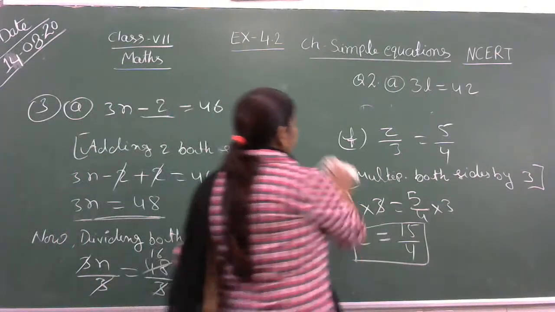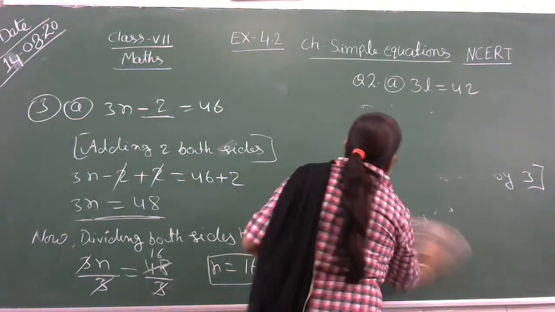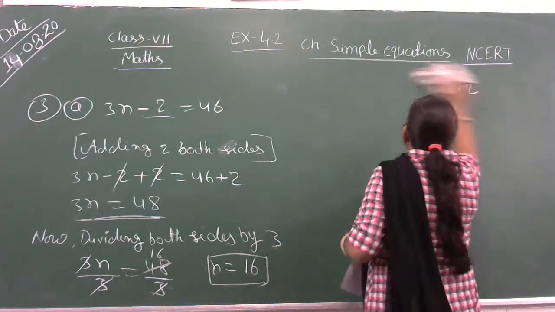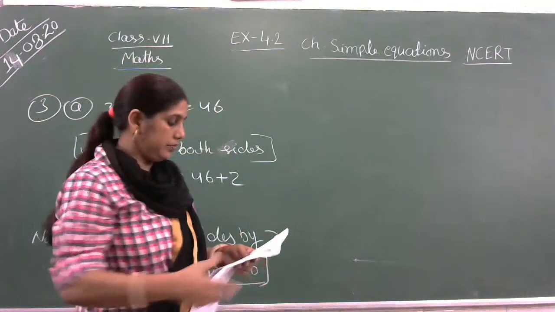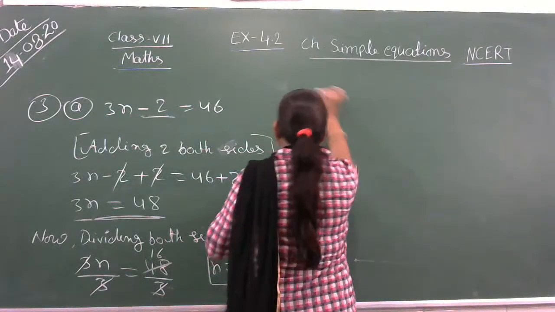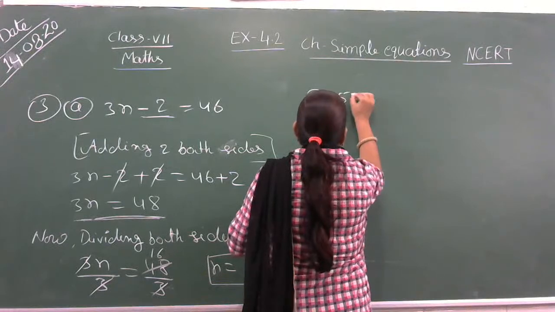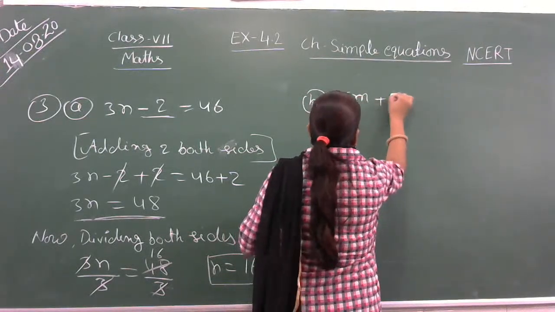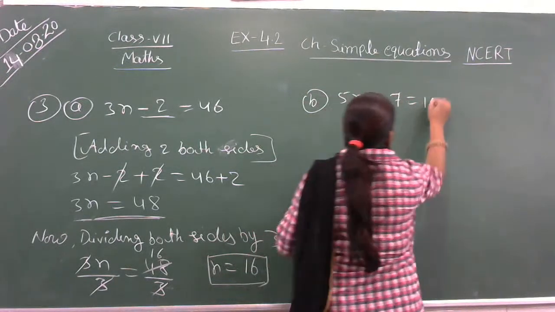Now B part of question number 4. 5n plus 7 equal 70.